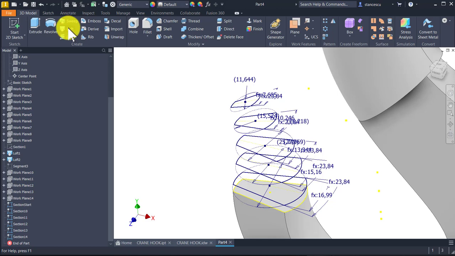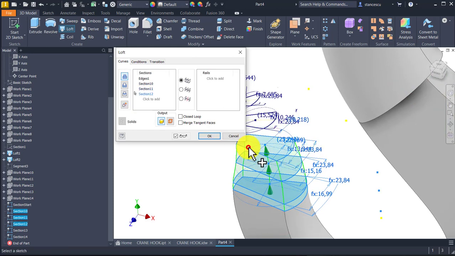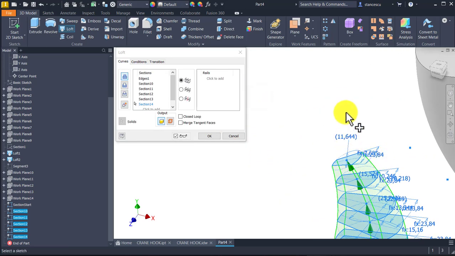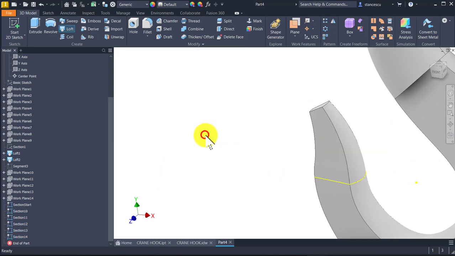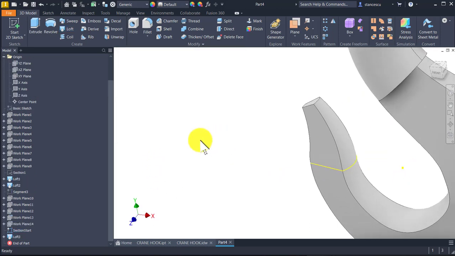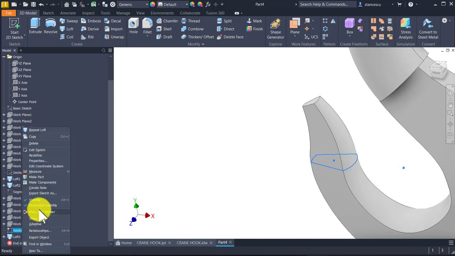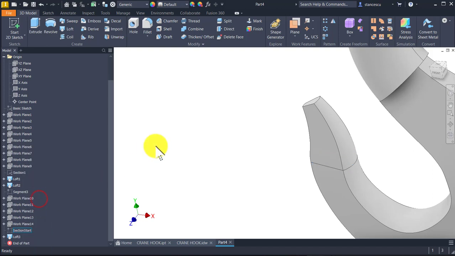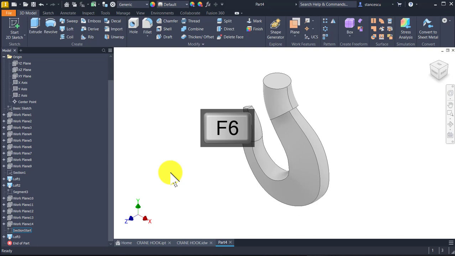Loft. 1, 2, 3, 4, 5, 6, and OK. Good, this is visible. Now it isn't. OK.